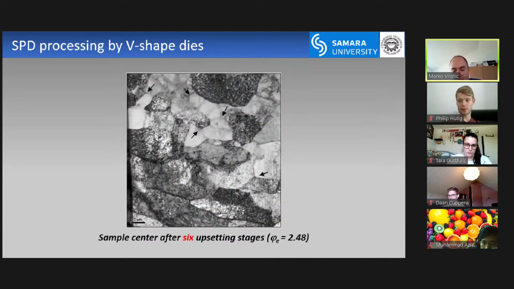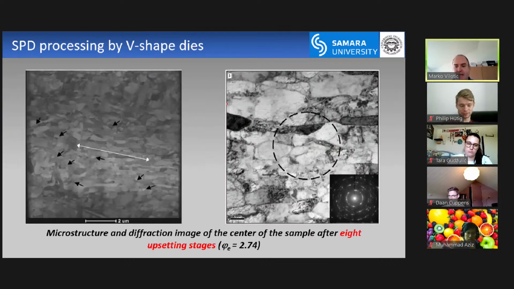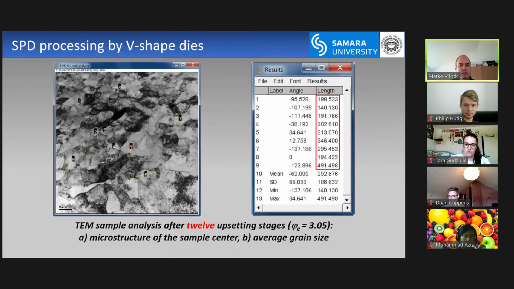For the 6 upsetting stage, I forgot to make the image, sorry. You can see the dimming. And then after 8 upsetting stages, you get these star systems like rings, and it tells you that you get grain refinement. Again, I did some analysis, and these are the grains.